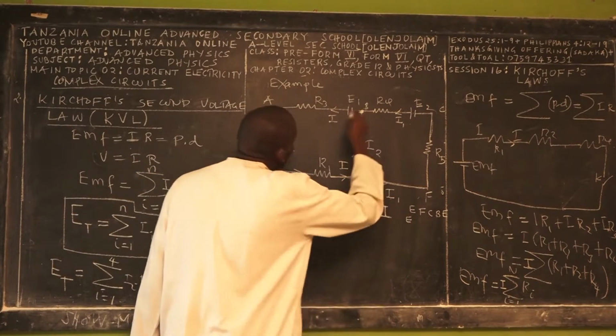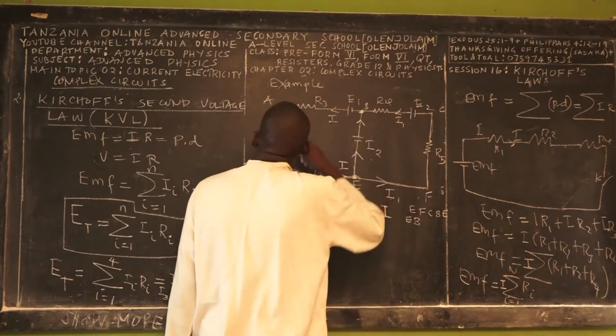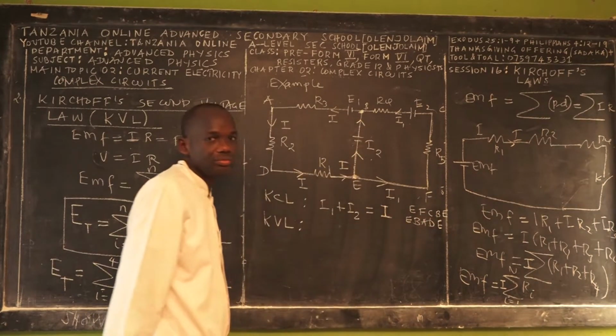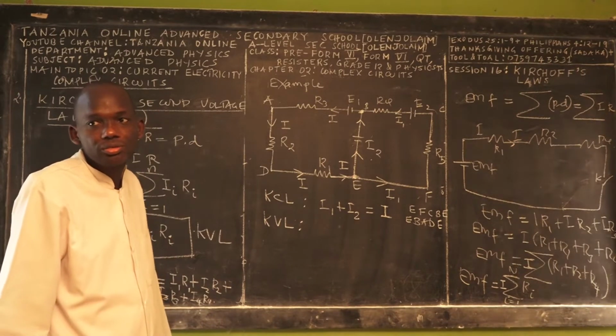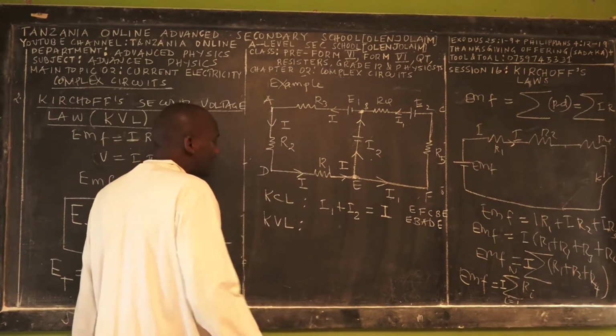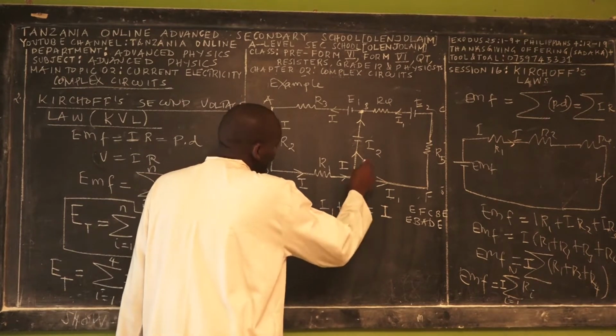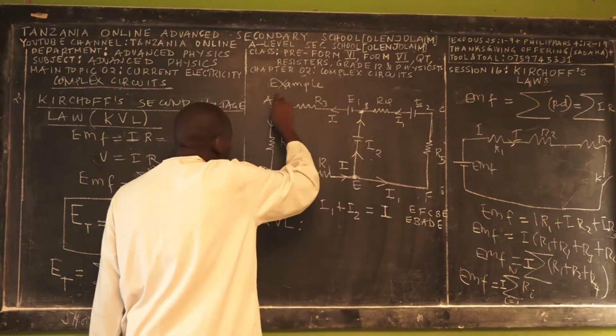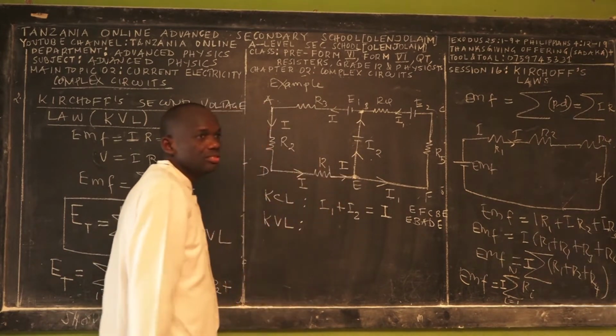E, B, A, D, E. That's another closed loop. Right? Yeah. Again, I can form another closed loop: E, F, C, B, A, D, E.